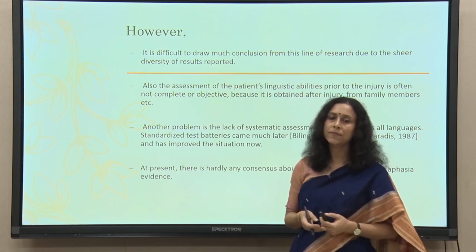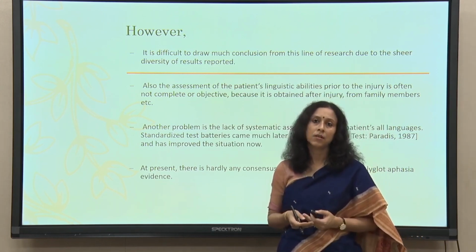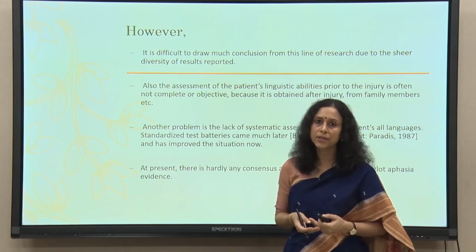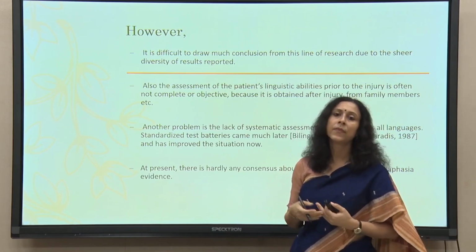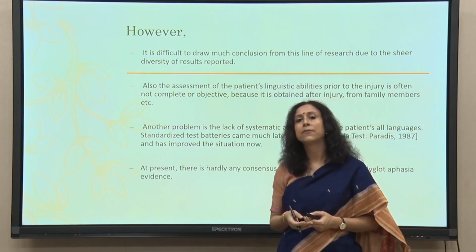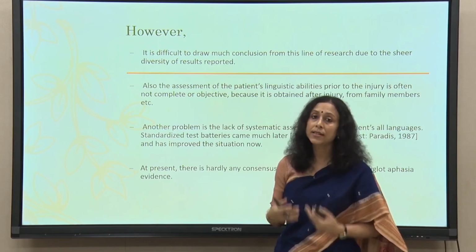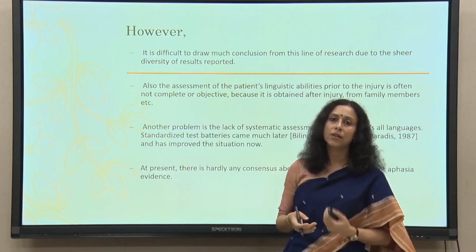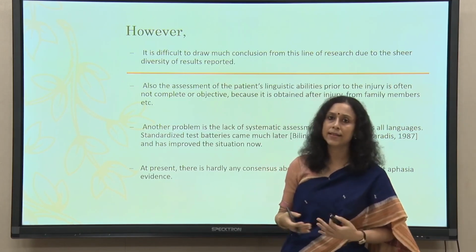Another problem with respect to these findings is that for a long time the patient's 2 languages were not assessed properly. The diagnostic tools were not developed until very recently. Diagnostic tools that objectively assess the bilingual's proficiency in both languages, at various levels.